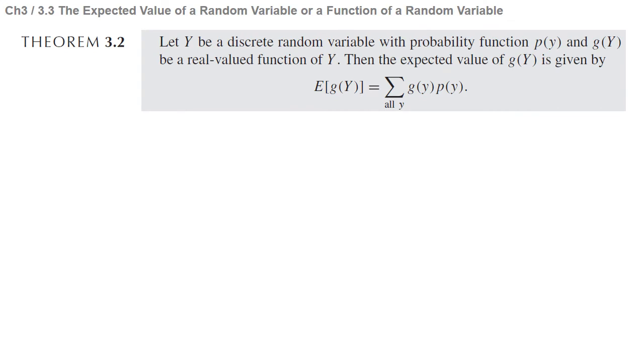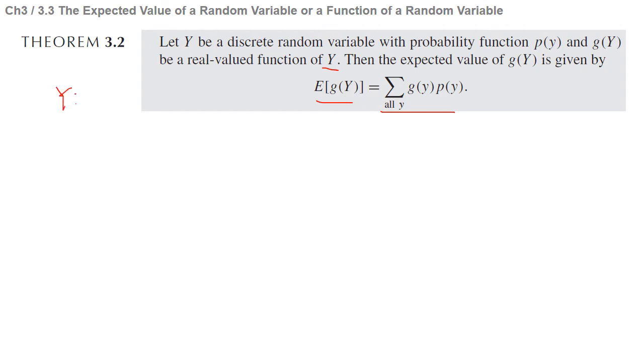Okay, Theorem 3.2 talks about the expected value of a function of a random variable. Let y be a discrete random variable with probability function p(y) and g(y) be a real-valued function of y. Then the expected value of g(y) is given by this equation. And actually this is very natural, because what is random variable y?